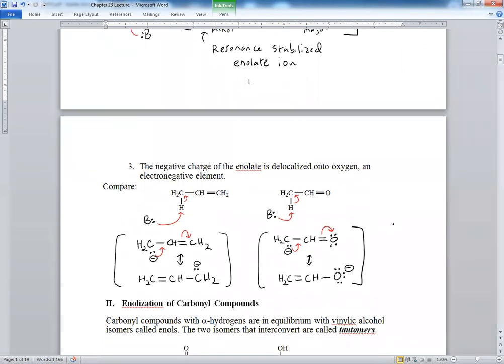Once again, it has to do with the more electronegative oxygen. As I stated before, the negative charge is delocalized onto the more electronegative oxygen.